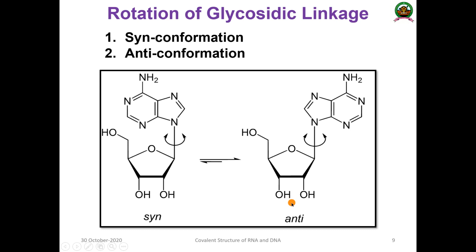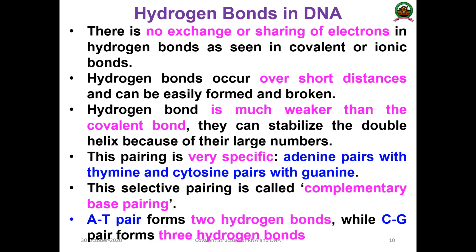So I hope you understood what syn and anti are, the conformations of glycosidic linkage isomers in the nucleotides. Then, the first two are strong interactions; the next one is the weaker interaction. The major weak interaction is the hydrogen bond.